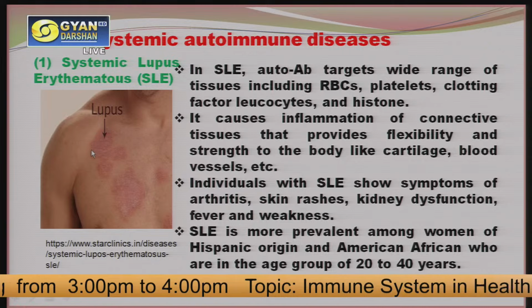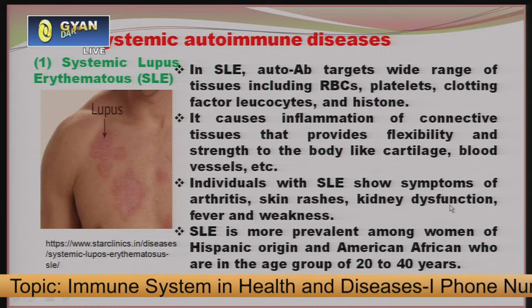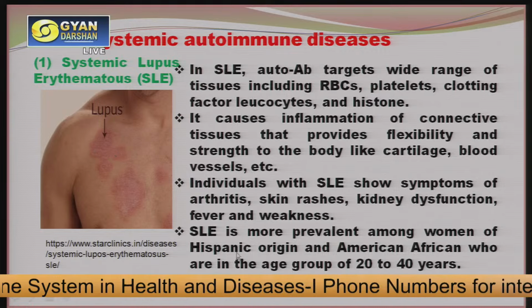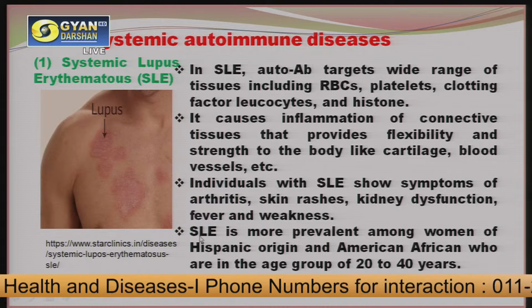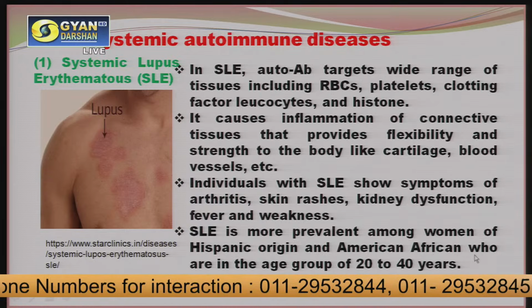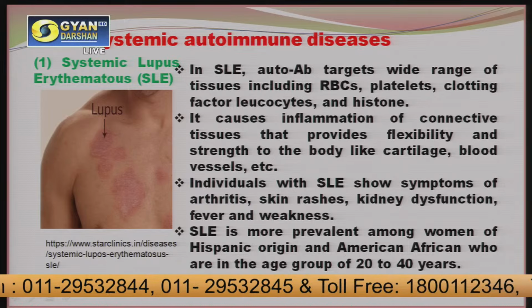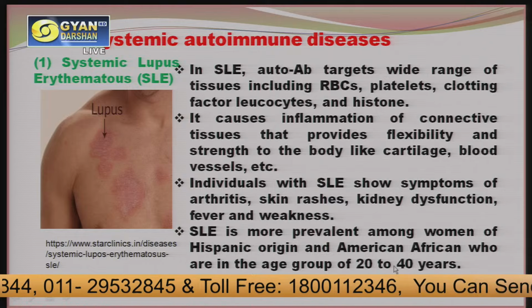You can see here the lupus will form, known as skin rashes, along with kidney dysfunction, fever and weakness. And systemic lupus erythematosus is more prevalent among women of Hispanic origin and African Americans in the age group of 20 to 40 years.